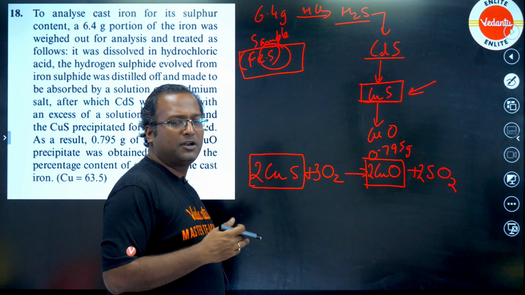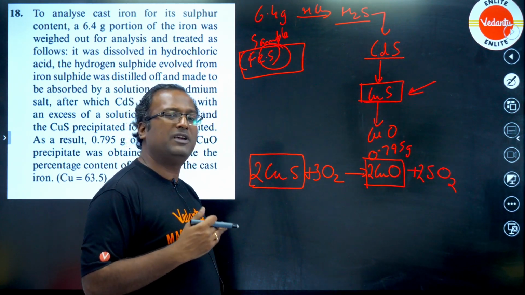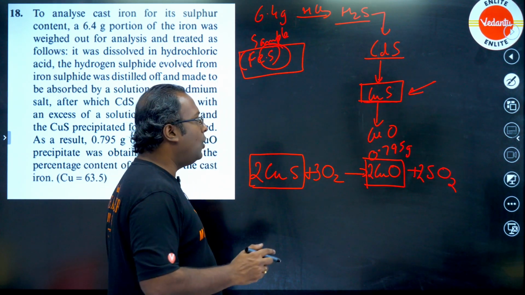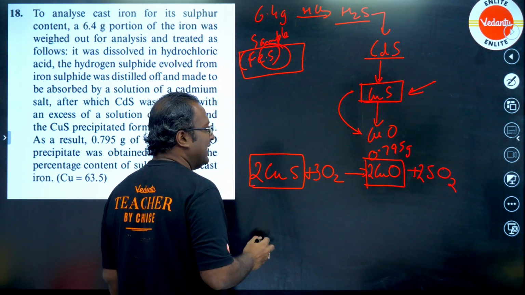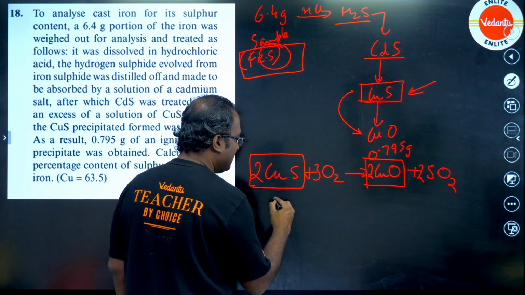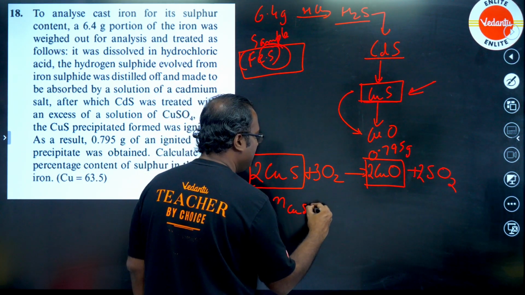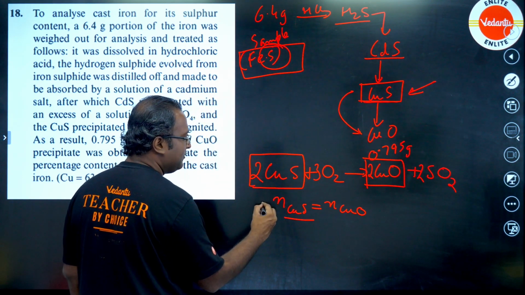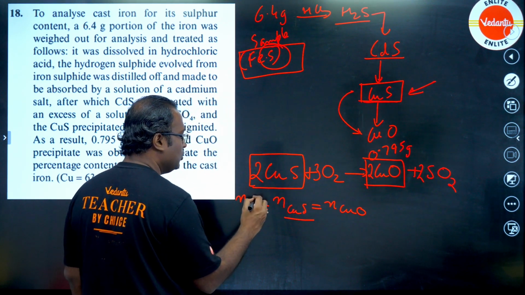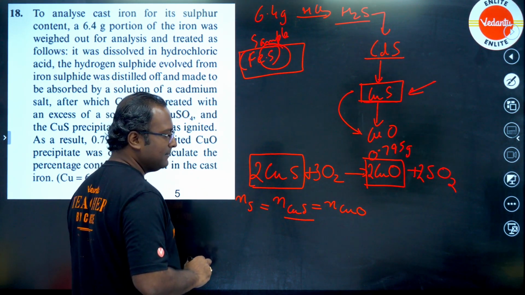I am purposely not using POAC in the last step; we could have done that, since all the copper here is coming here. From the reaction also we can see that moles of CuS is equal to moles of CuO. And because CuS contains 1 sulfur, this is equal to moles of sulfur in CuS.